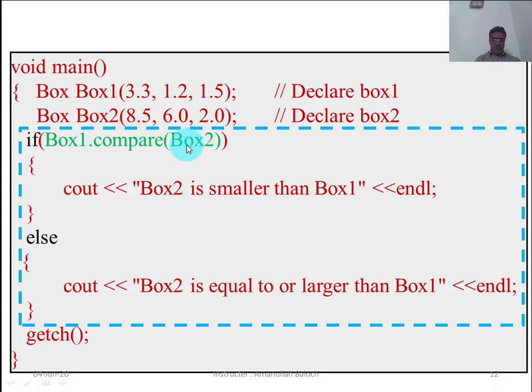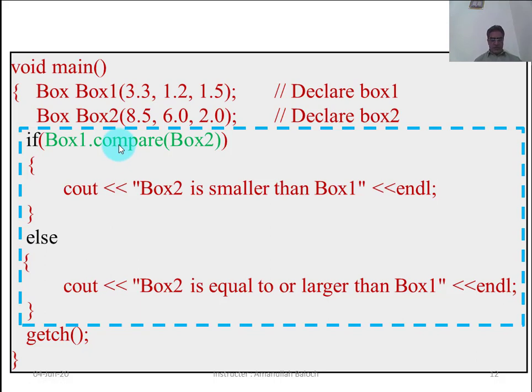The value of box 2 is passed to this compare function, so the object box 2 will be passed to some other object which we are going to declare in the compare function. That function will accept the value of box 2, while the address of box 1 will be stored in the memory of the this pointer. So what will the compare function return? We will come back here again. First we go to the compare function and see what it is going to return.